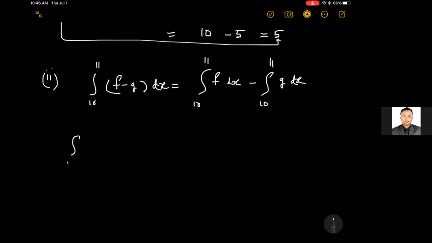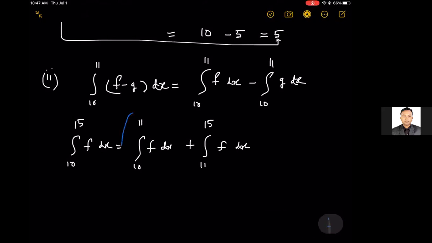We know from 10 to 15, f can be written as 10 to 11 plus from 11 to 15, right? We're looking for the value here, 10 to 11. Fortunately, we have the other two values, from 11 to 15 and from 10 to 15.